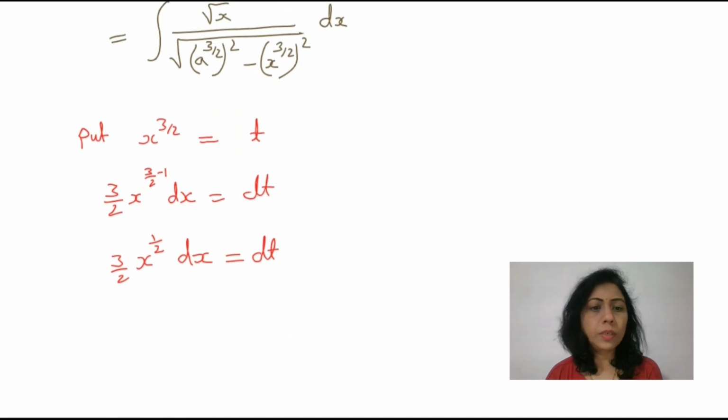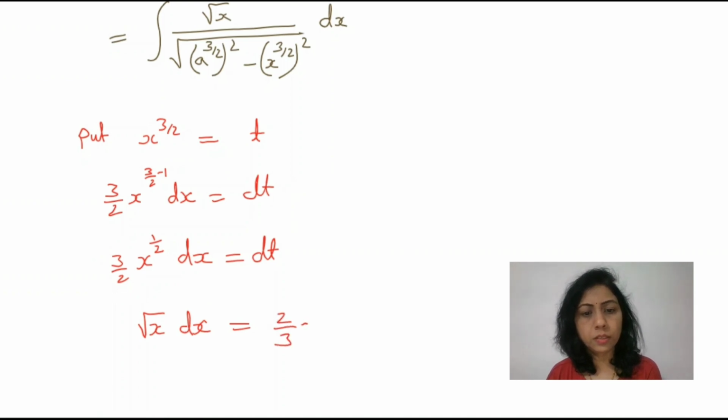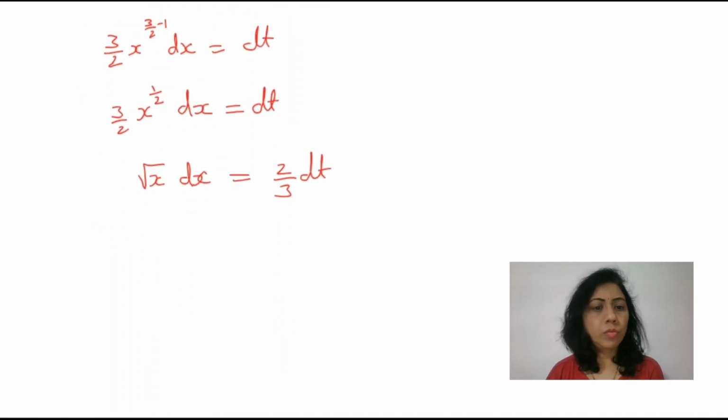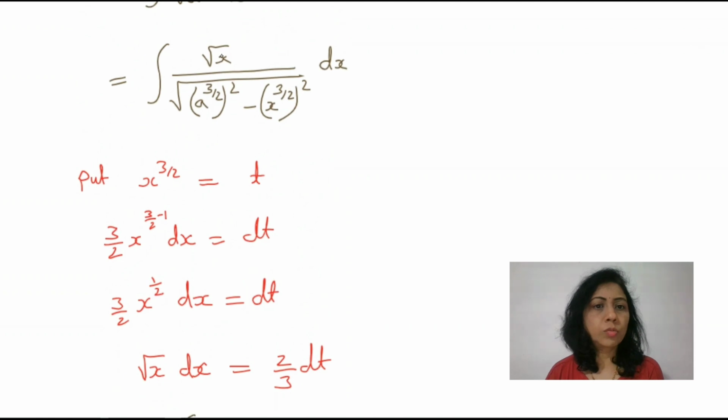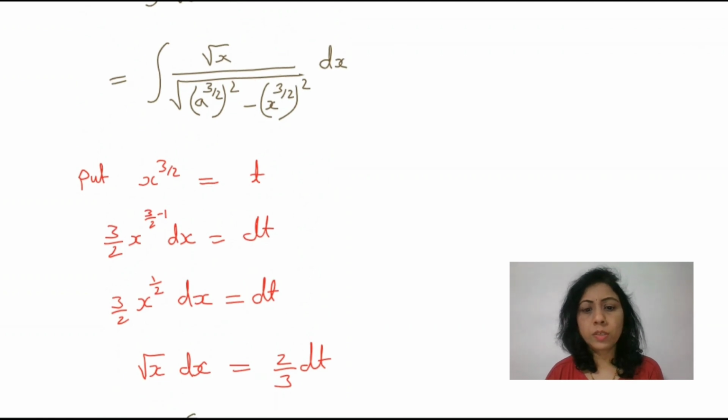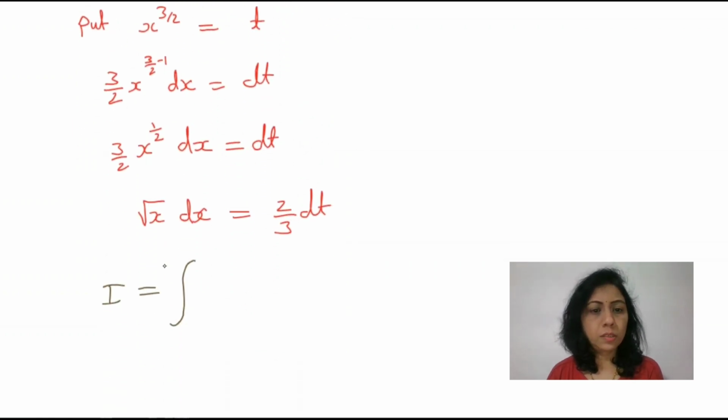The power 1 upon 2 means square root. So we can write in radical form square root x dx, and 3 upon 2 we can transfer to the other side, so it will be 2 upon 3 dt. So now I is equal to the integral where square root x dx value is 2 upon 3 dt, so we can write 2 upon 3 here and dt right here.